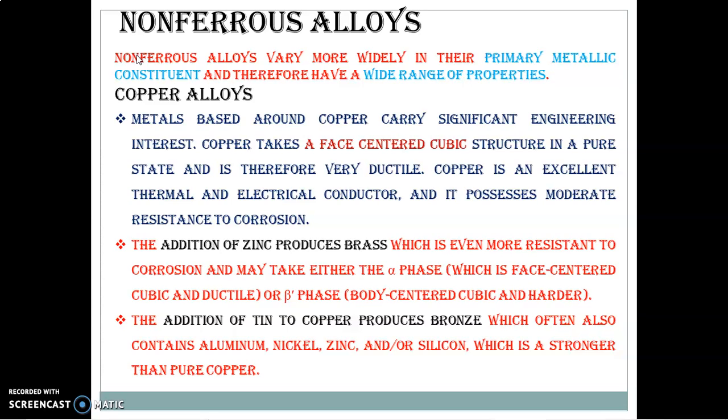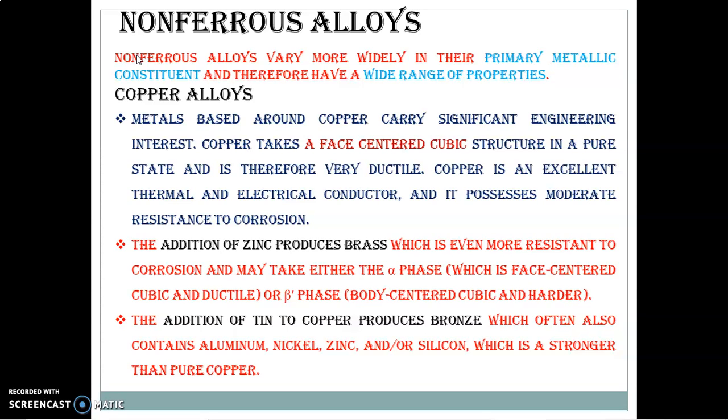Copper is an excellent thermal and electrical conductor, as we all know that our electricity cables have copper inside. Pure copper is an excellent thermal and electrical conductor, and it possesses moderate resistance to corrosion.